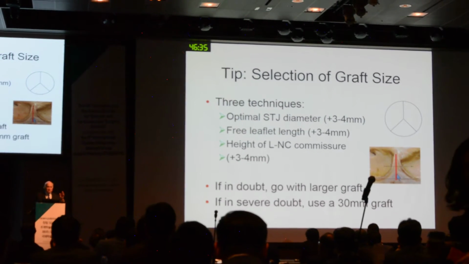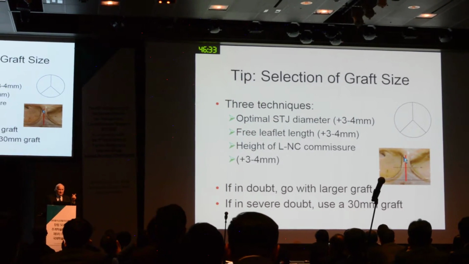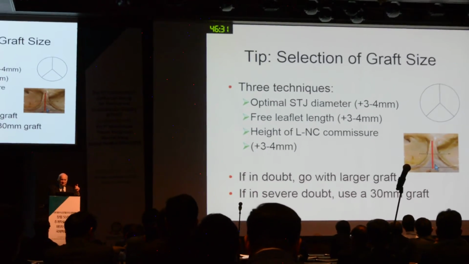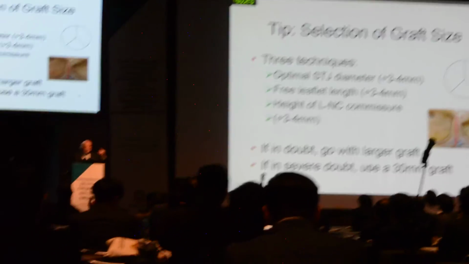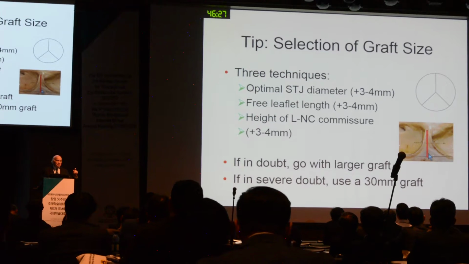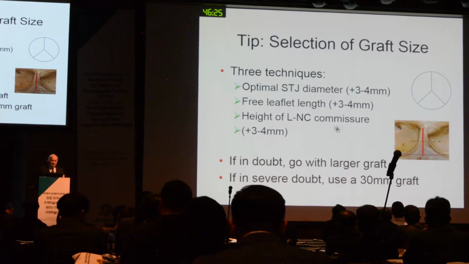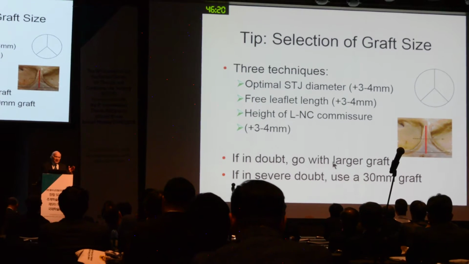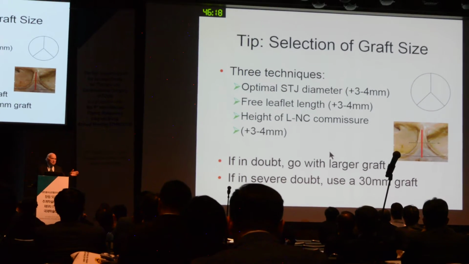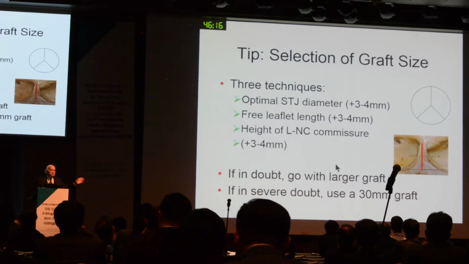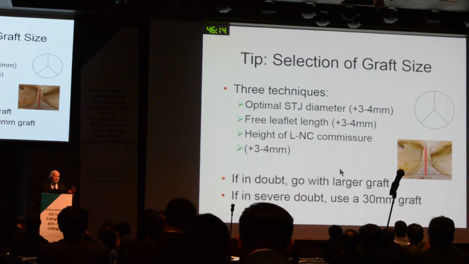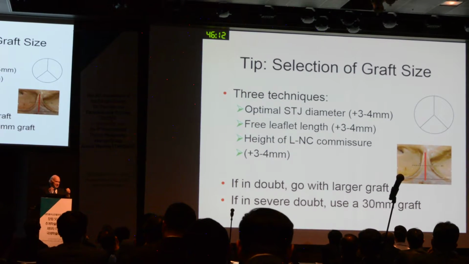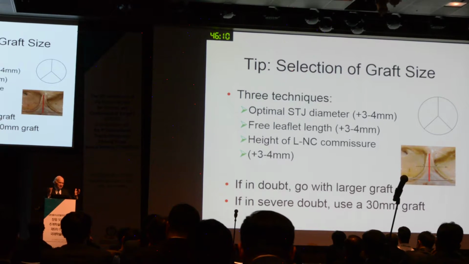If you think about it, this is saying that the diameter is the same as the height of that sinus. It's the same 1-to-1 ratio of the Valsalva graft. And at least in North America, if you are trying to decide between 2 grafts, always choose the bigger one of the 2, because you can plicate a graft to make it smaller, but you cannot make a graft bigger.